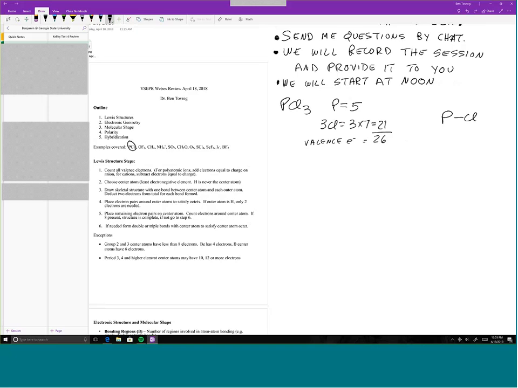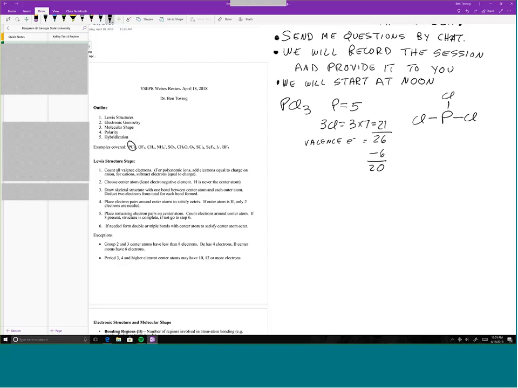So let's put the 3 chlorines out there. Deduct 2 electrons from the total for each bond formed. So we have 3 bonds formed. 3 times 2 is 6. So after we deduct 6, we have 20 electrons left to place in the molecule.